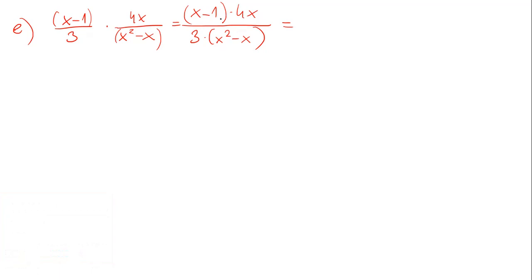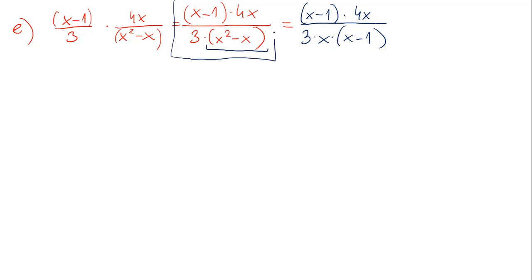So at first look, there's nothing we can cancel down right now, but we can do something with this bracket. So we can take x in front of the bracket, and then we get x minus 1. Right, so we need to factorize the polynomials, right?